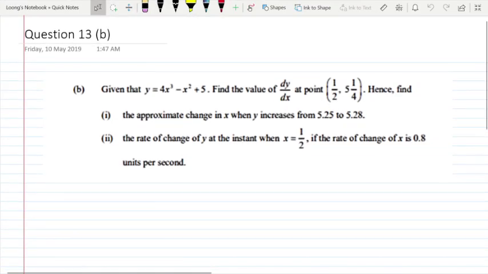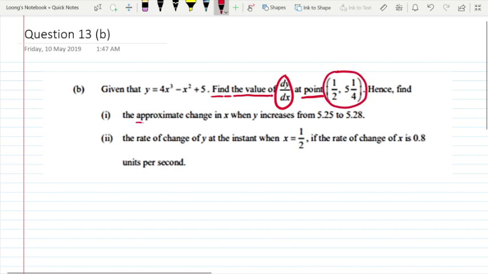Now we continue with question 13b. The first thing that it tells us to do is find the value of dy/dx at the point 1 over 2 and 1 over 5.